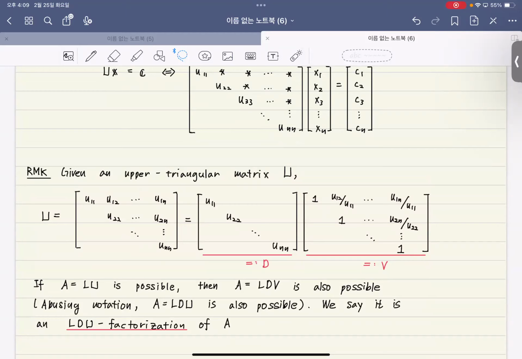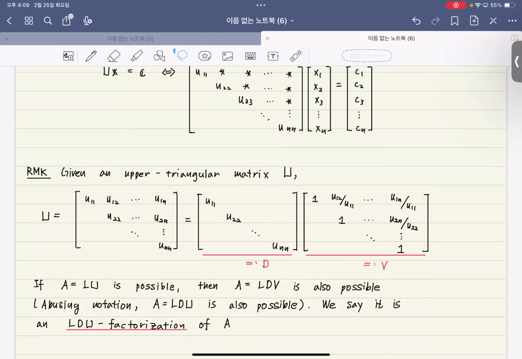Let us assume that all the diagonal entries of this upper triangular matrix are non-zero numbers. Suppose that you have such an upper triangular matrix.